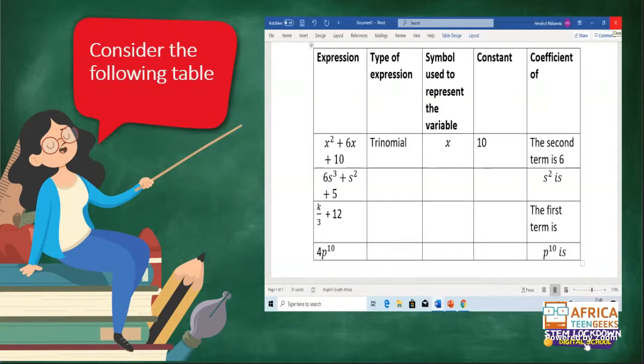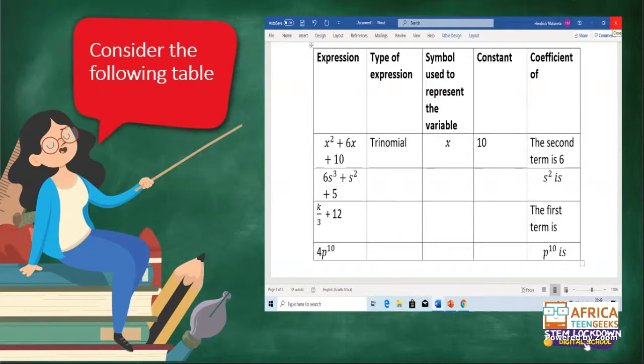S is the symbol. The constant? The constant is 5, sir. Okay. All right, and then the last one, the coefficient of s squared. Give me the coefficient of s. Coefficient is 1s squared. Exactly. Yes, sir. Right, that is correct.